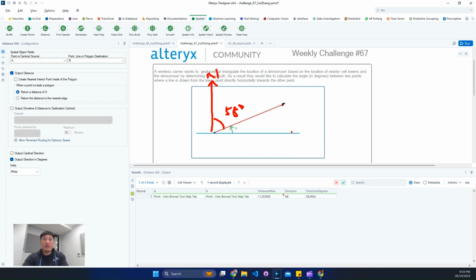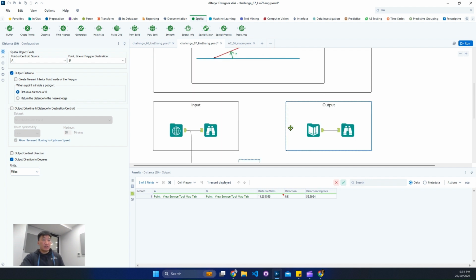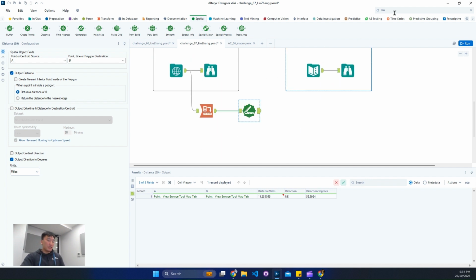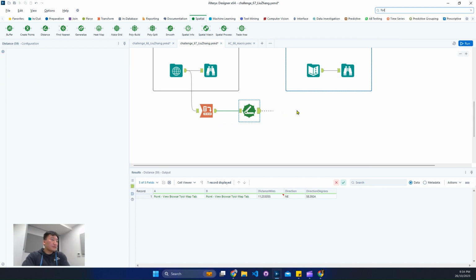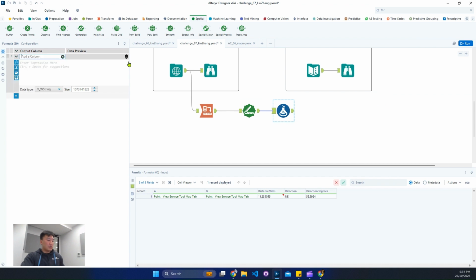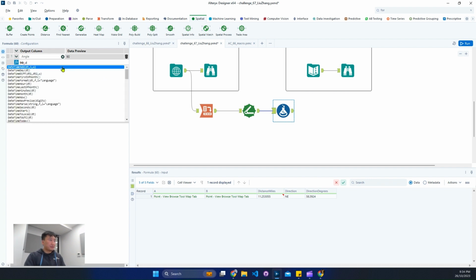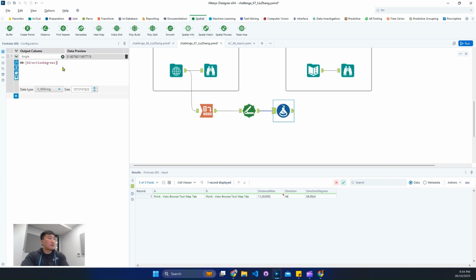My guess is Alteryx did north at 0 degrees. Let's give an answer so we know what the formula is. So the angle we're looking for is 90 degrees minus the direction. Okay, we're going to keep it as a double.